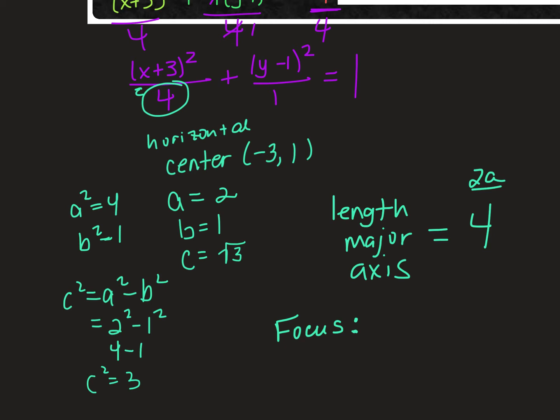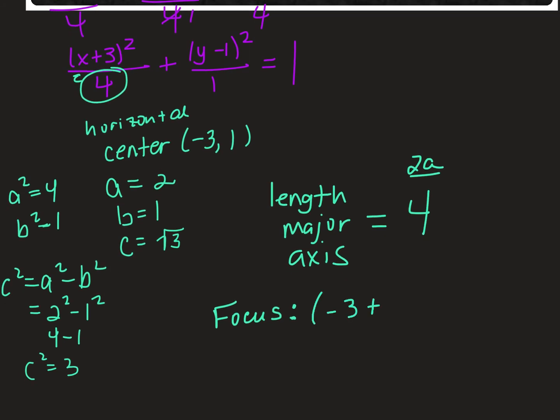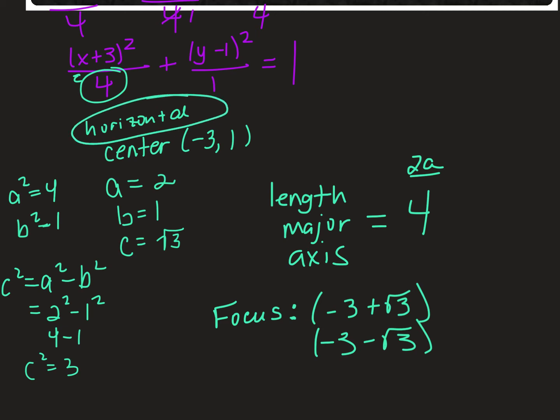If this is an x, this is a horizontal ellipse. So your foci would be at -3 plus root 3 and at -3 minus root 3. Since it's a horizontal, you add and subtract the c value from the x part of the center. If it was a vertical, you would add or subtract what? Since this is a horizontal ellipse, horizontal is what axis? x-axis.